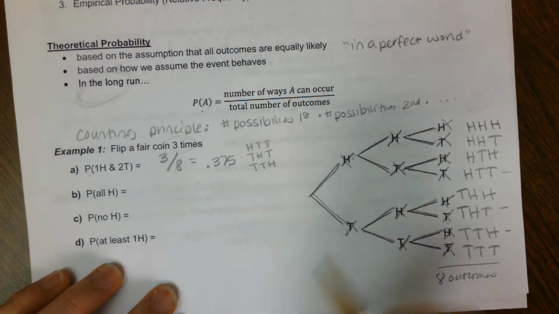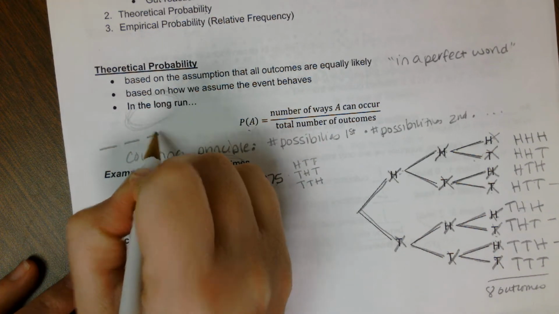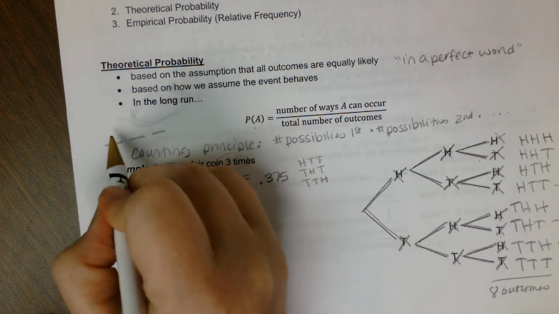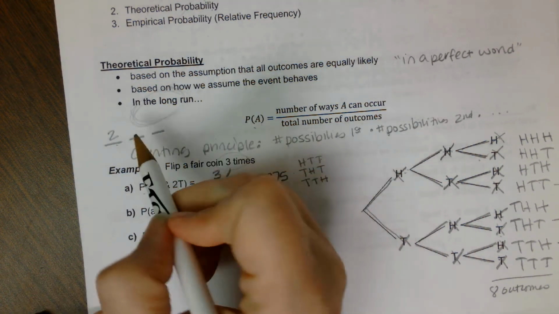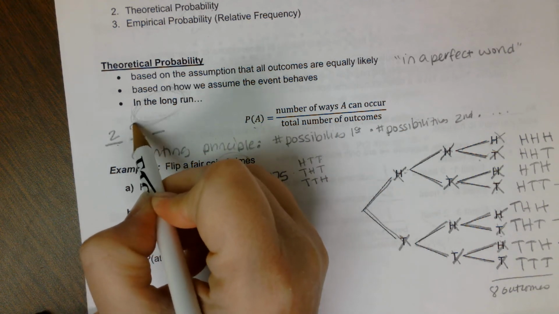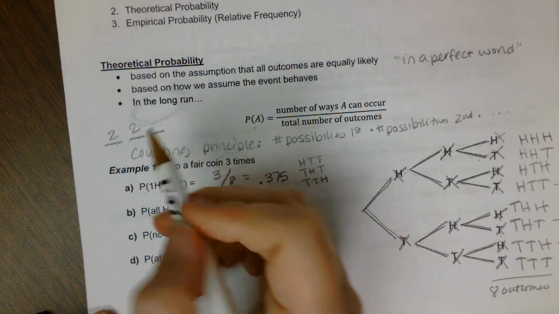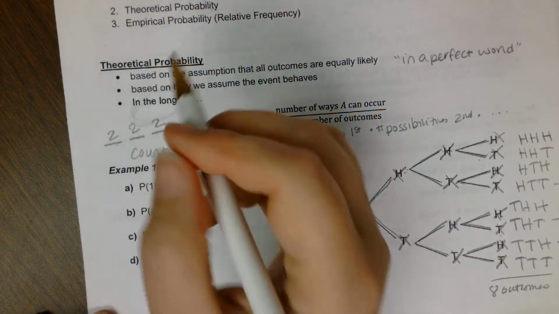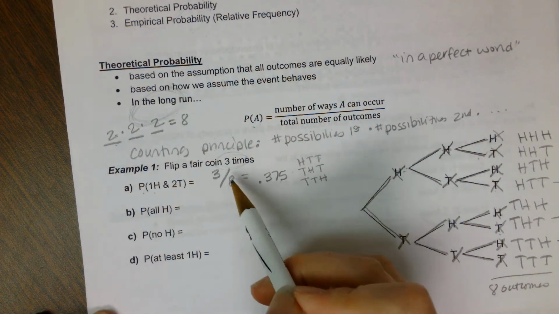So for example, we're tossing a coin 3 times. So we have 1 toss, 2 toss, 3 toss. Okay, so the 3 things are going to happen. So I have 3 lines. For the first coin, there are 2 possible ways that could turn out. It could be a heads or a tails. I toss my second coin, and there's, again, a heads or a tails. I toss my third one, and again, there's 2 for that one. So then I multiply all 3 of these together. 2 times 2 times 2 is 8. That is my total.